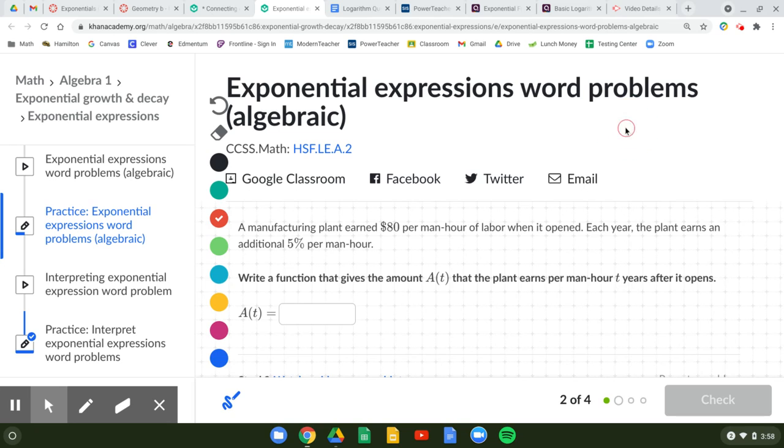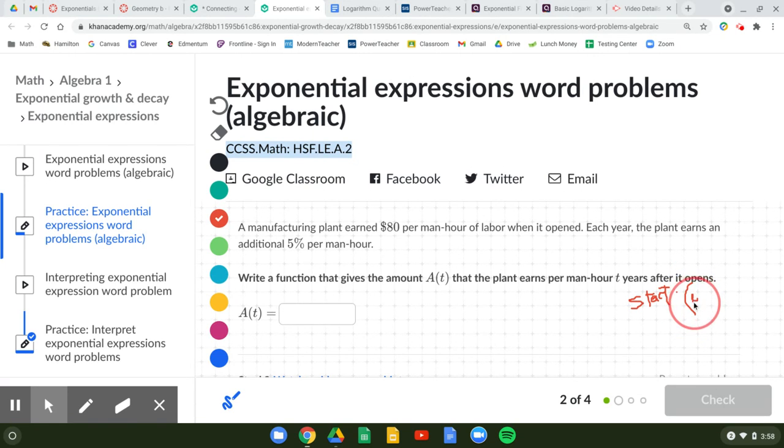So we have some starting amount, start, times some rate.